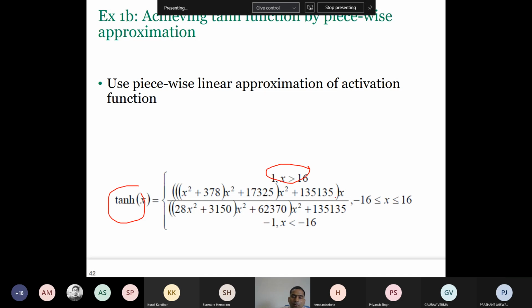Because it is just a polynomial, it is easy to compute, compared to the exact tanh, which will require exponentiation and so on. So from the hardware implementation perspective, this will not have much difference in accuracy, but it will be very fast for computation.